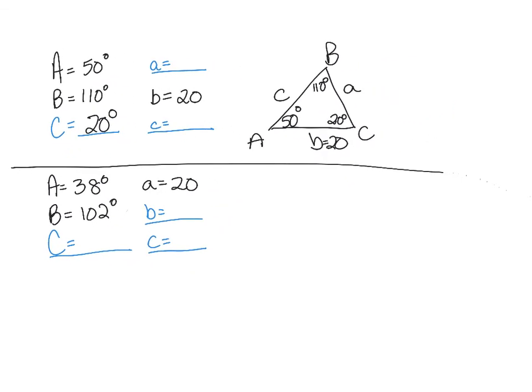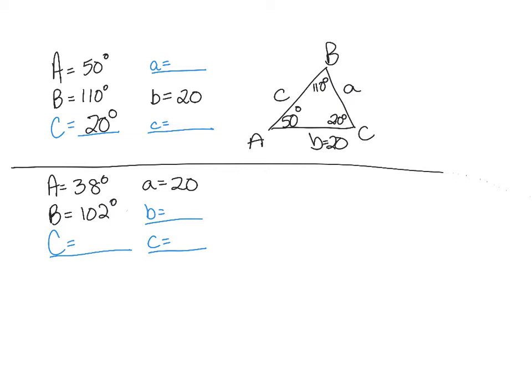And remember again that the larger angle will be across from the larger side. The smallest angle will be across from the shortest side. So the longest side in this triangle is 20. I've got to make sure that my other two sides are smaller than 20.